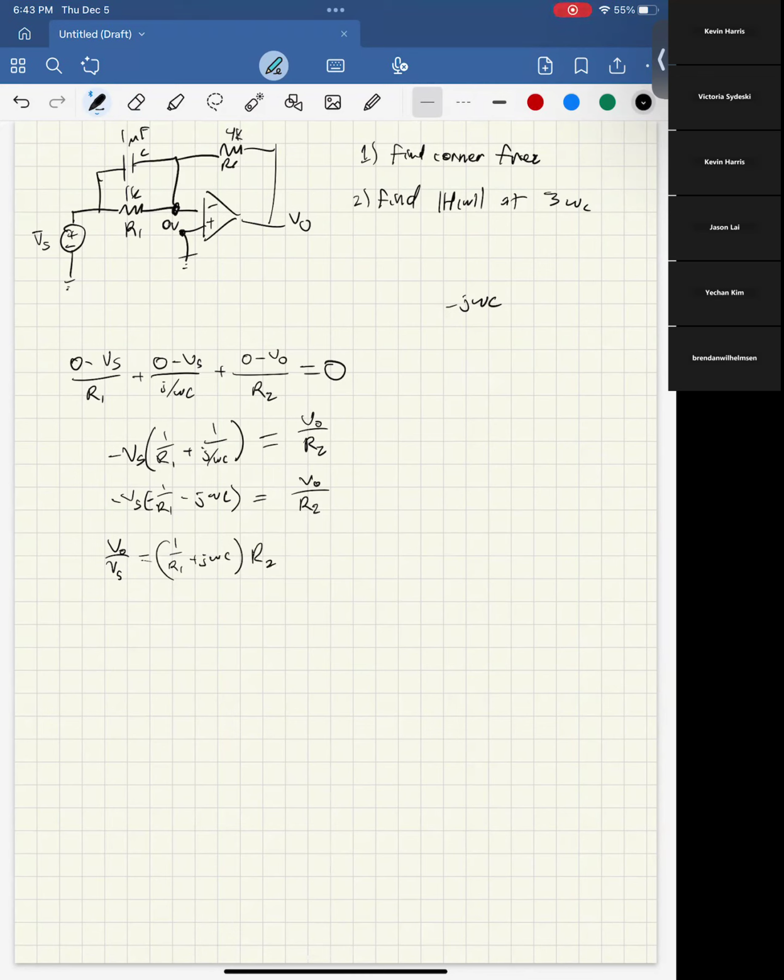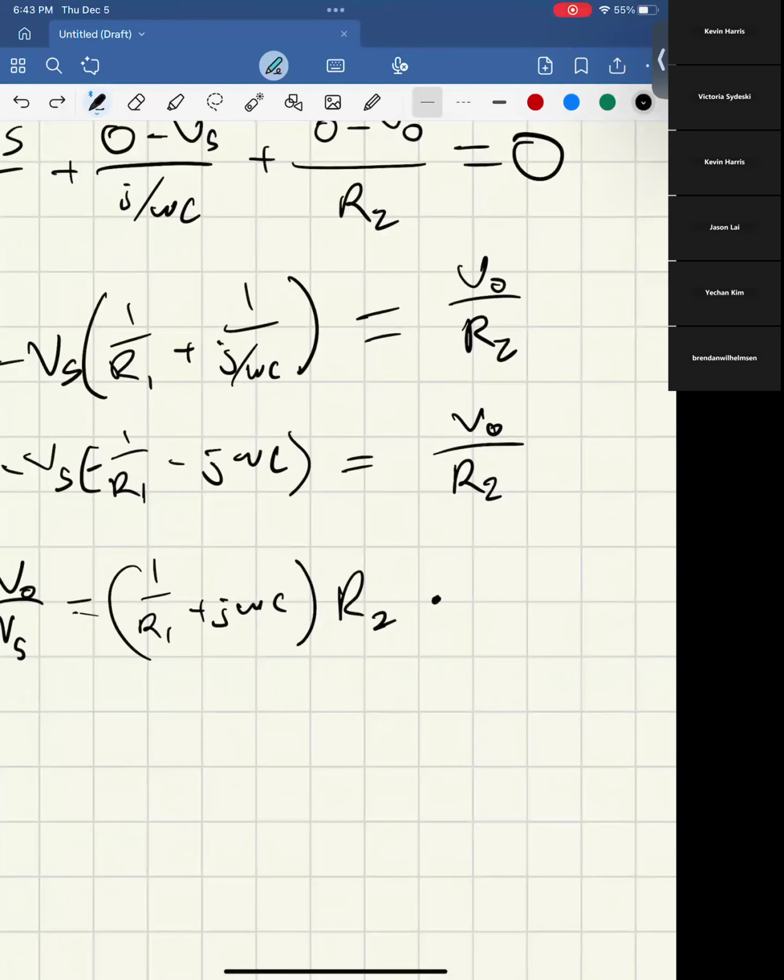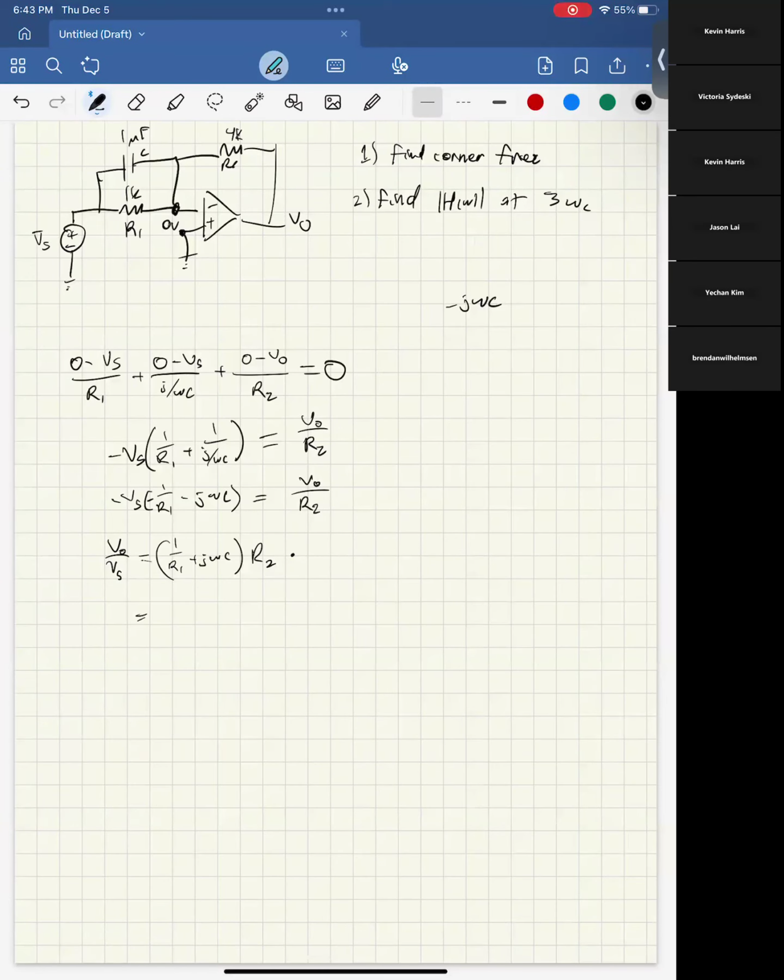And then we want to get this into standard form, which means we have to make the real part equal to 1. Oh yeah, you just factor out 1 over R1.